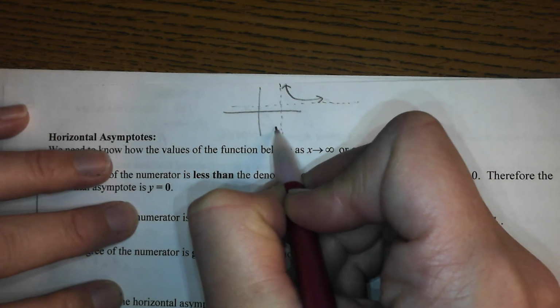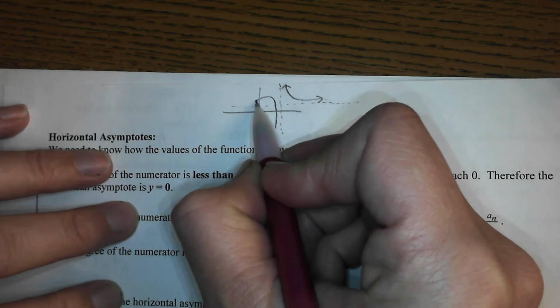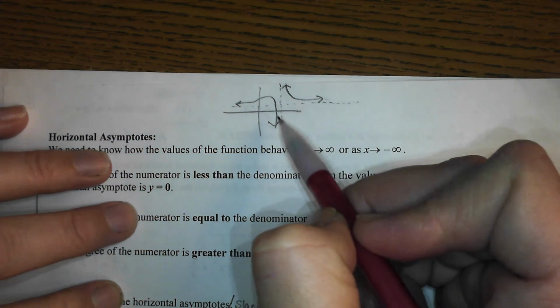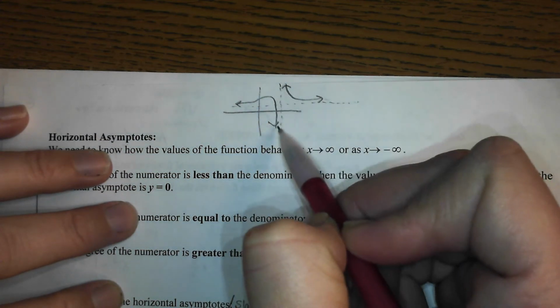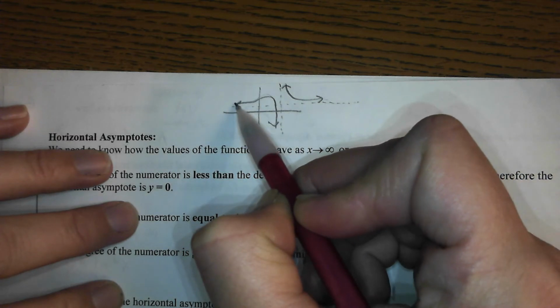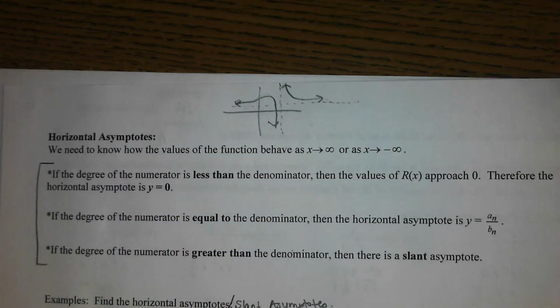So if I were to do something on this side, like this could happen, where you'll never cross your vertical asymptote, but you can cross your horizontal. Most importantly, when you go towards infinity or negative infinity, it will get closer and closer to your horizontal asymptote in that direction. Does that make sense?